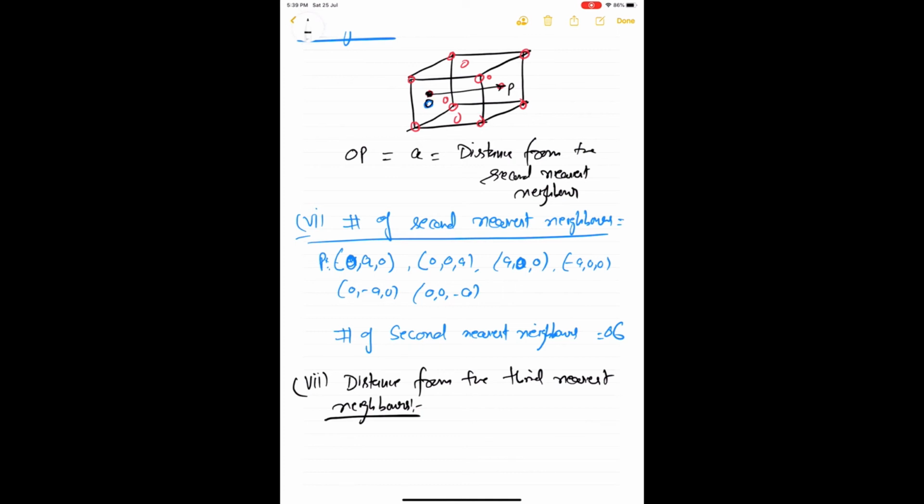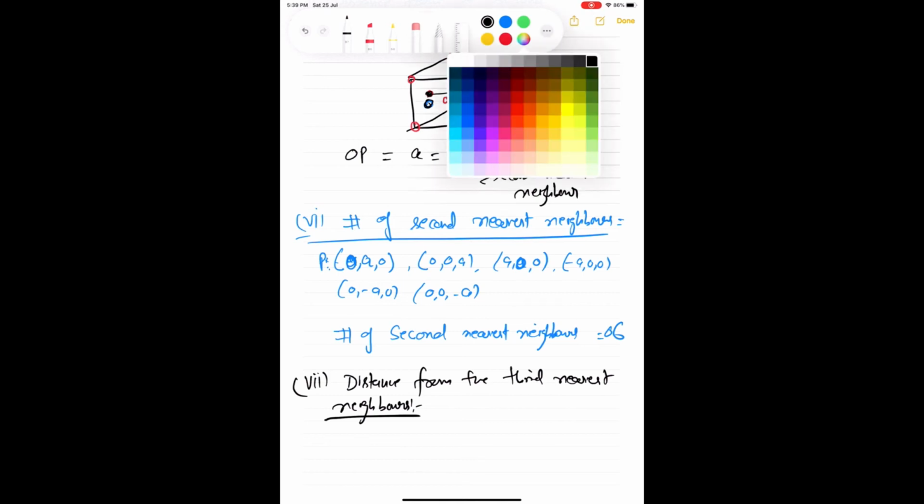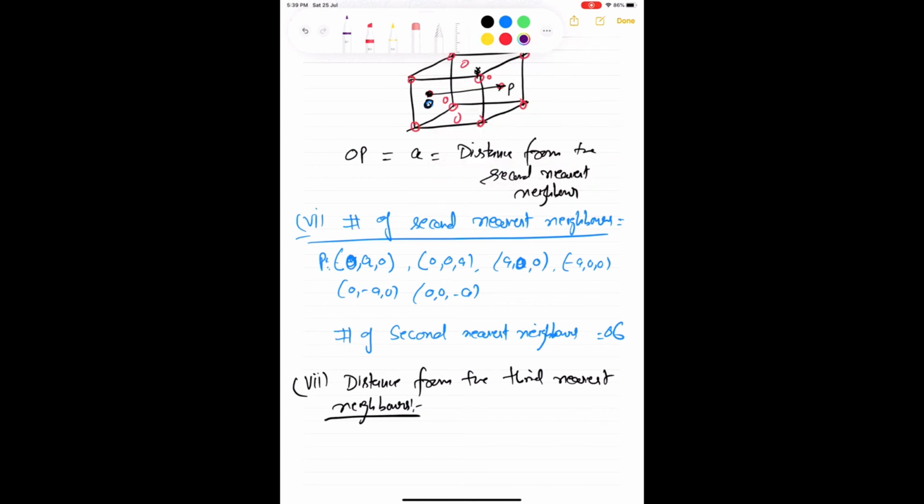The third nearest neighbor turns out to be this particular atom, which I have marked in a different color. Let me mark it with a Q.